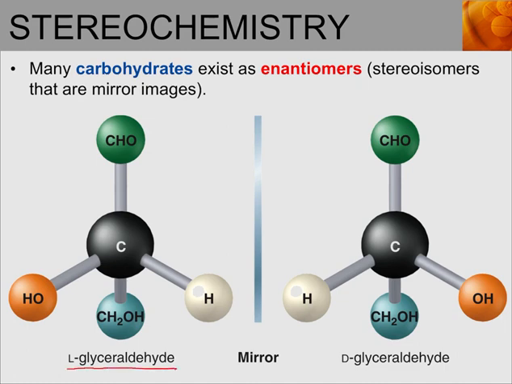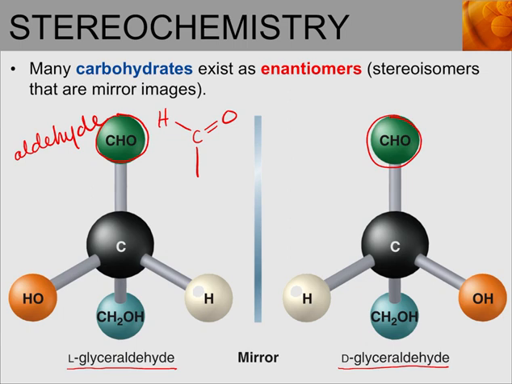On the right we have D-glyceraldehyde. Okay, so both of these compounds have carbon in the middle, and then on the top they have CHO, which is an aldehyde, so it looks like this. So both molecules have that aldehyde group at the top.